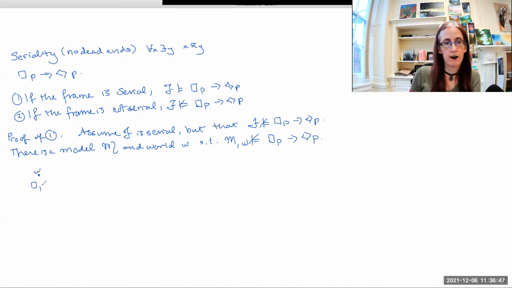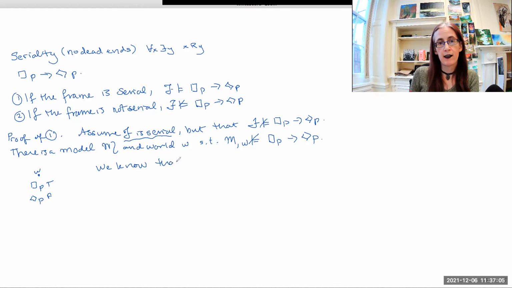Here we have necessary P is true, but possibly P is false, because these are the conditions for making a conditional false.